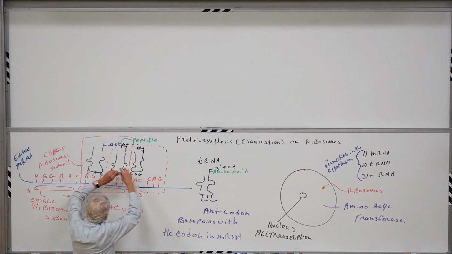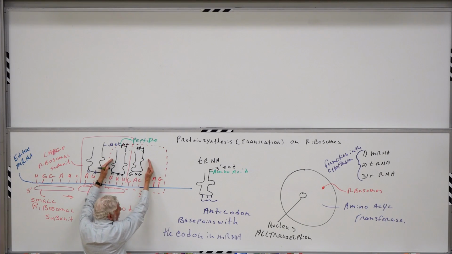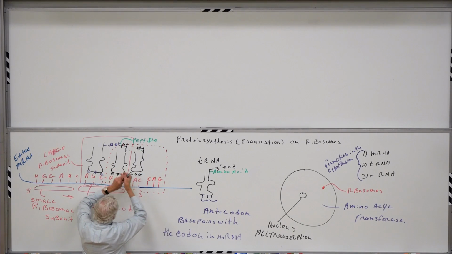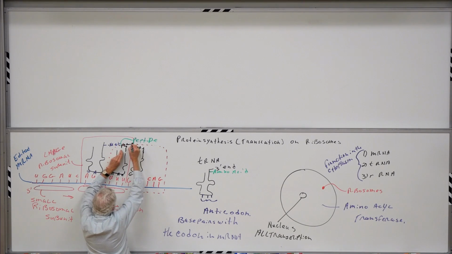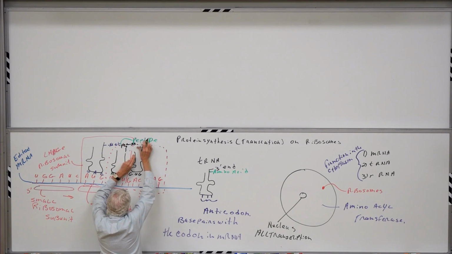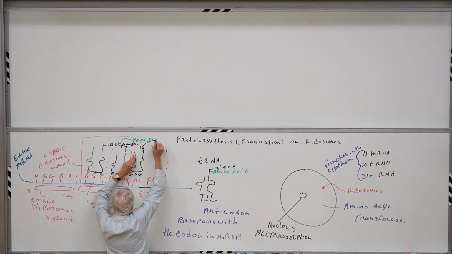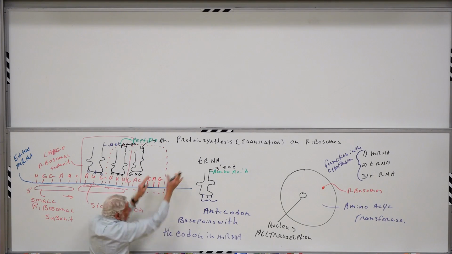But now, because this whole thing has moved over, and now we have these two sites occupied, what will happen is the ribosomal subunit will cut loose this amino acid and attach it to this phenylalanine. And then that will release this tRNA, and the entire machine moves down again.